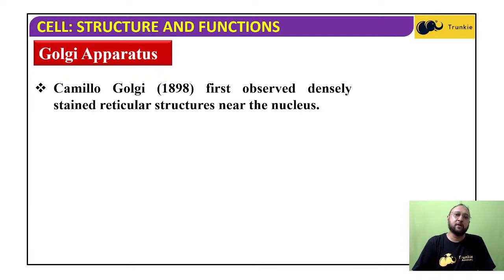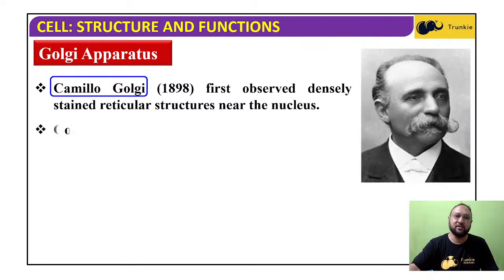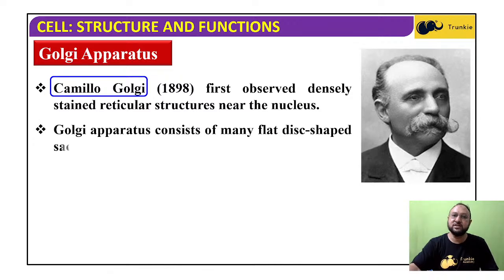It was first observed by Camillo Golgi in 1898, and he observed that it was a densely or highly stained reticular structure near the nucleus. While staining with some dyes and stains, he found that some densely reticular structures are there. So he is the gentleman scientist who discovered this, Camillo Golgi.